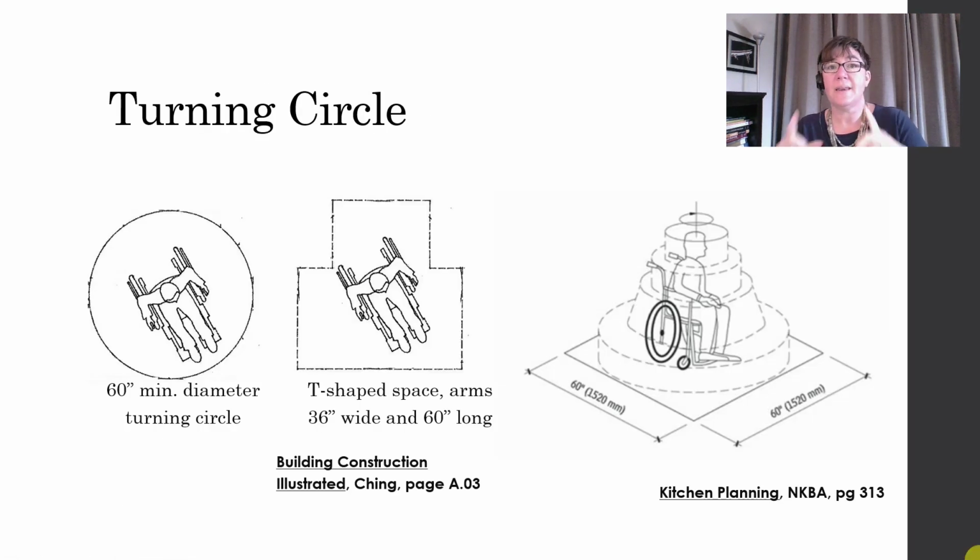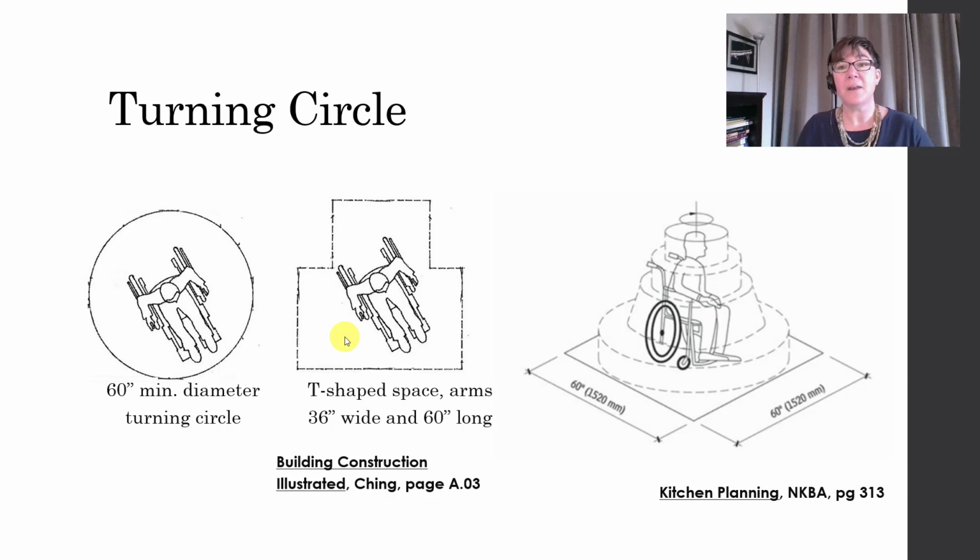So we draw a neat little circle on the floor plan, but it turns out it can be more complex than that. Here is your 60-inch minimum diameter turning circle, but a T-shaped space works as well. And if you're wondering how does that work, think about making a 3-point turn in a car and what kind of space you need in order to do that.